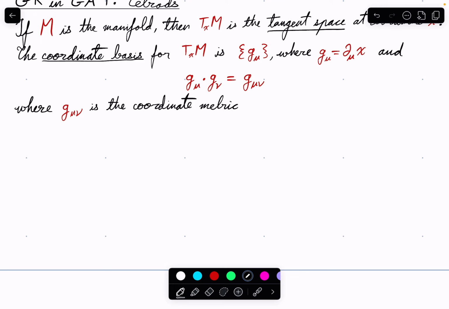In general, the basis g_mu is non-orthonormal.